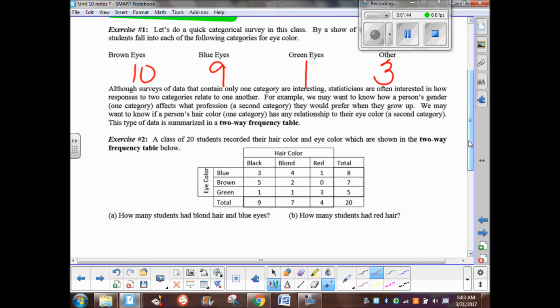Another example, it says, we may want to know how a person's gender, say male or female, one category, affects what profession, a second category, they would prefer when they grow up. Seeing if there's any association between those two categories.